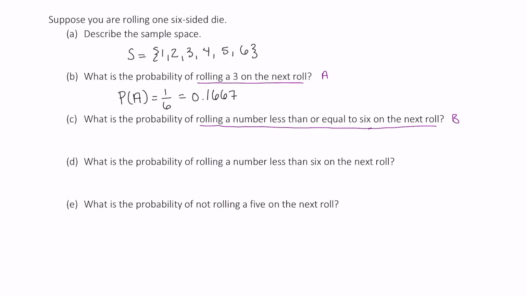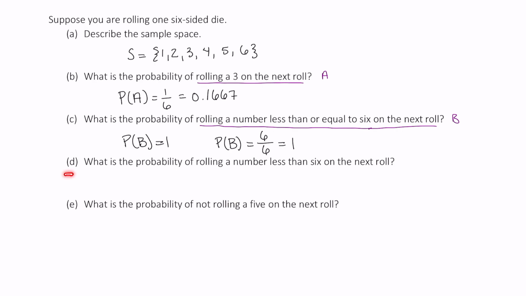So the probability that event B occurs is 1, since it is certain that we are going to roll a number less than or equal to 6 on our next roll when rolling a six-sided die. If you don't see that intuitively, you could work it out by writing the total number of successful outcomes, which there are 6 of, divided by the total number of outcomes, and that'll get you a 1.